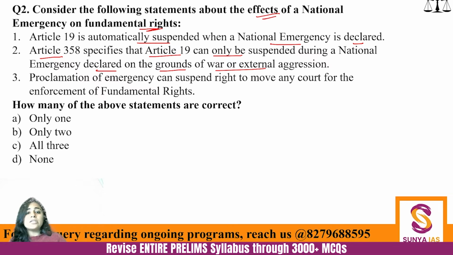And proclamation of emergency can suspend the right to move to any court for the enforcement of fundamental rights. See here, what do you think is the correct answer? First, find out the absolutely incorrect statement. Do you see an absolutely incorrect statement over here? No.